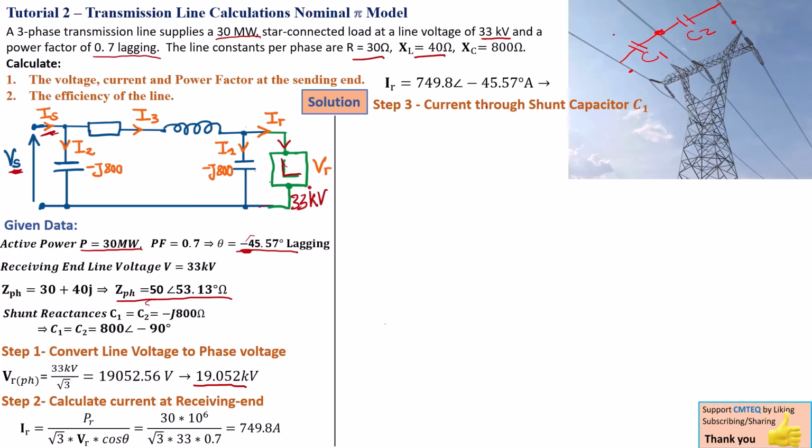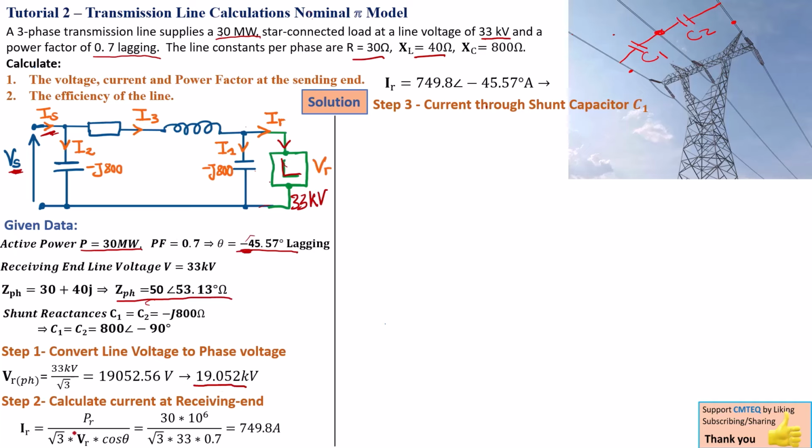But if you use this line voltage to find the current through this capacitance, you're going to get it wrong, because this is a single phase diagram. These are per phase parameters, so you must use a per phase voltage to find I1. This is why we converted the line voltage to a phase voltage.